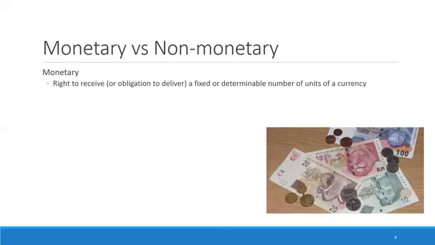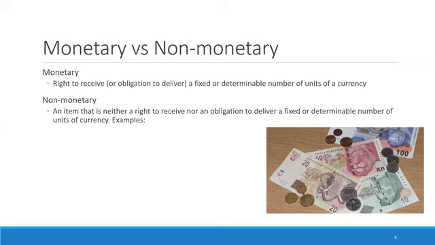When looking at monetary versus non-monetary, what do these two concepts really mean? So monetary means that there's a right to receive or an obligation to deliver a fixed or determinable number of units of a particular currency. Whereas what is non-monetary?